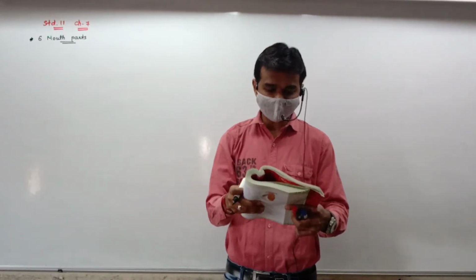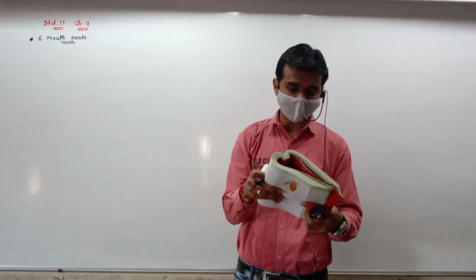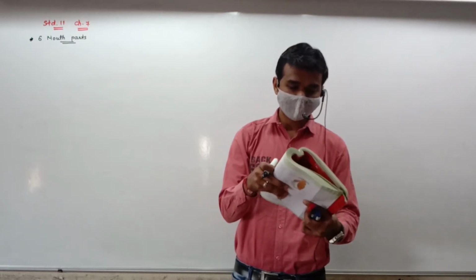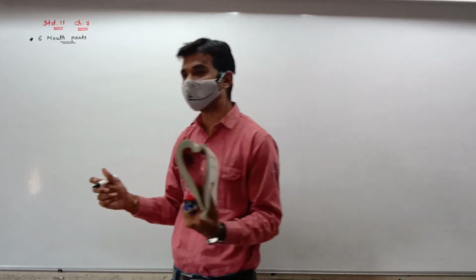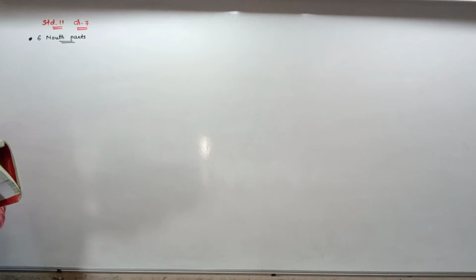The mouth parts consist of the labrum, that is the upper lip. The labrum, the upper lip, is single. Can you get it? Then a pair of mandibles. You know that the mandible is the lower jaw, right?